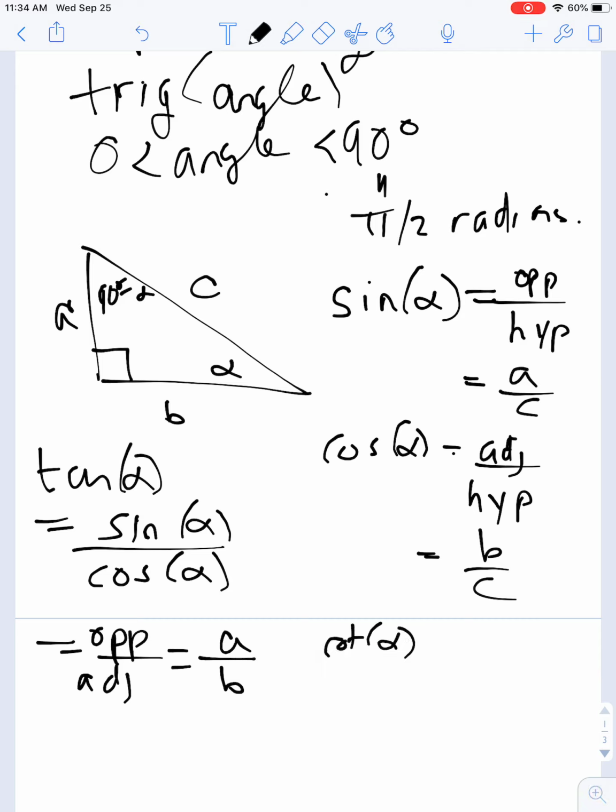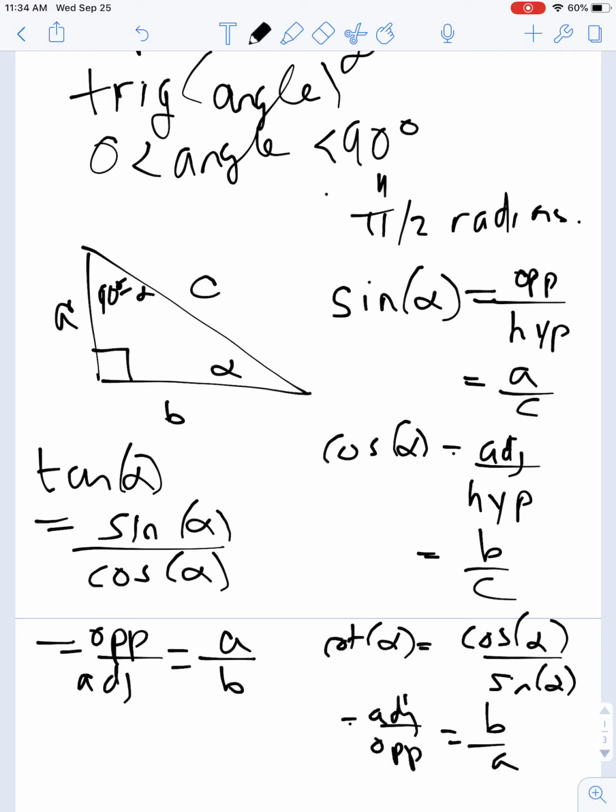Cotangent of alpha is cosine of alpha over sine of alpha, adjacent over opposite, or B over A.